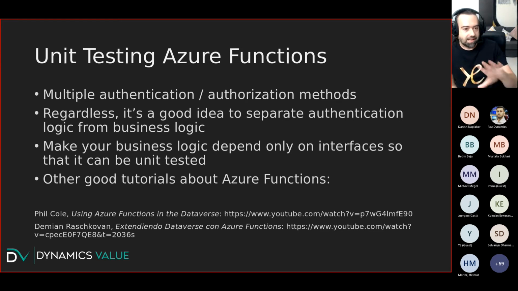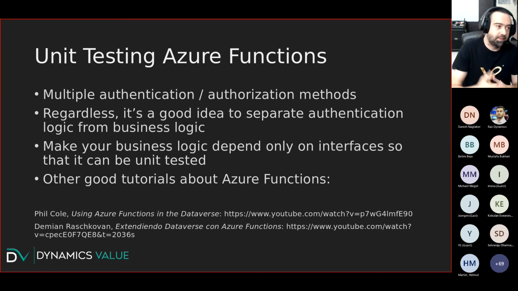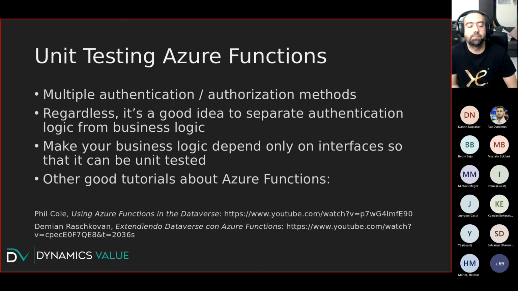Regardless of how you're developing Azure functions, you can choose different authentication methods. But regardless of which one you use, it's always a good idea to separate the authentication logic from the business logic. So always make your business logic depend only on interfaces so that it can be unit tested properly.